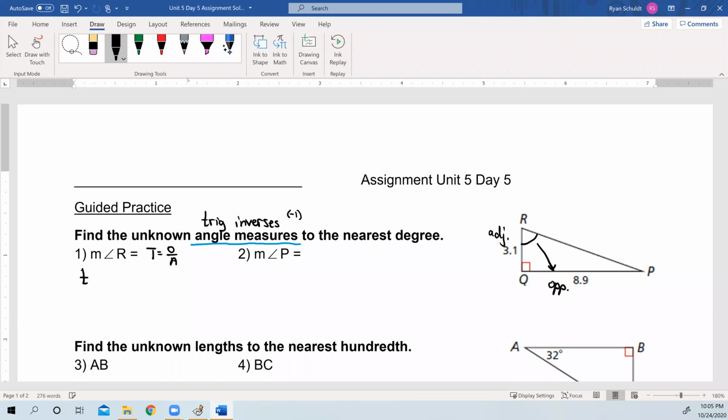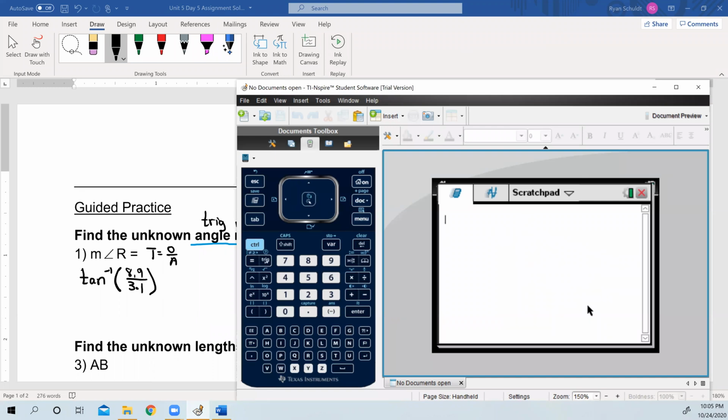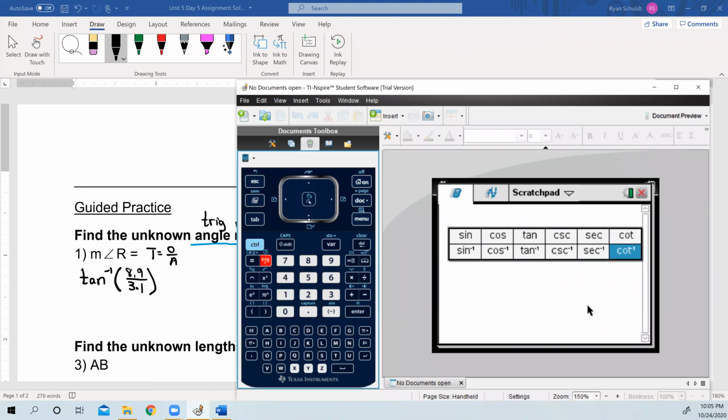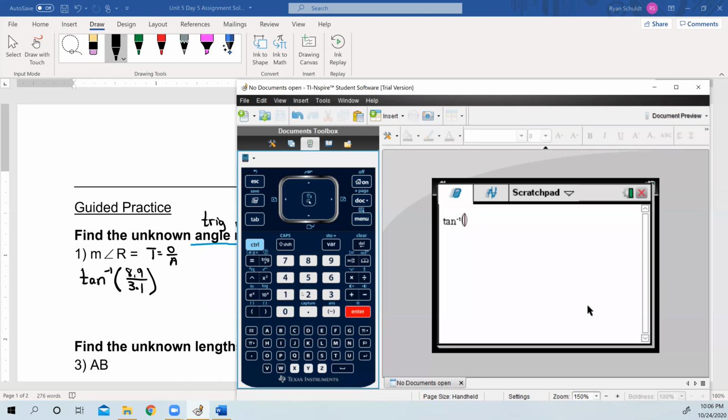So I'm going to do the tangent inverse of, well, what's my opposite side? 8.9 over my adjacent, which is 3.1. I'm going to pull my calculator up and do the tangent inverse of 8.9 divided by 3.1.